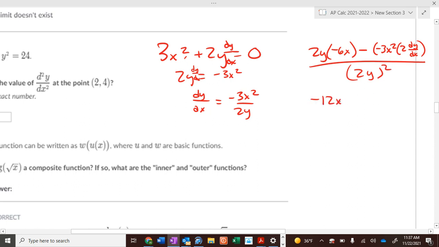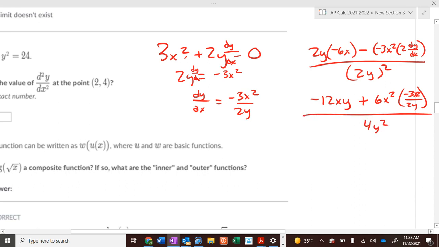So it's negative 12xy plus, or minus, let's go plus 6x squared times dy/dx, which is negative 3x squared over 2y, all over 4y squared.